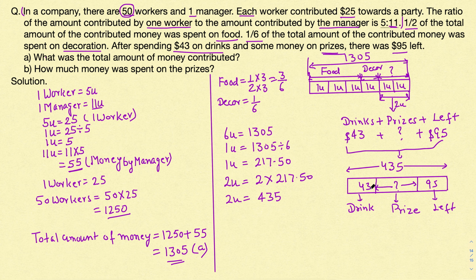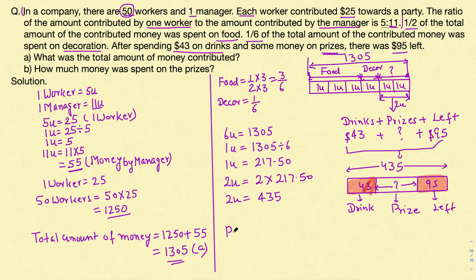So since we know that this total is 435, right? From this, if we just subtract this 43 and 95, we will get how much they spent on the prizes. If you just subtract 43 and 95 from the total amount, we'll get how much was spent on the prizes.